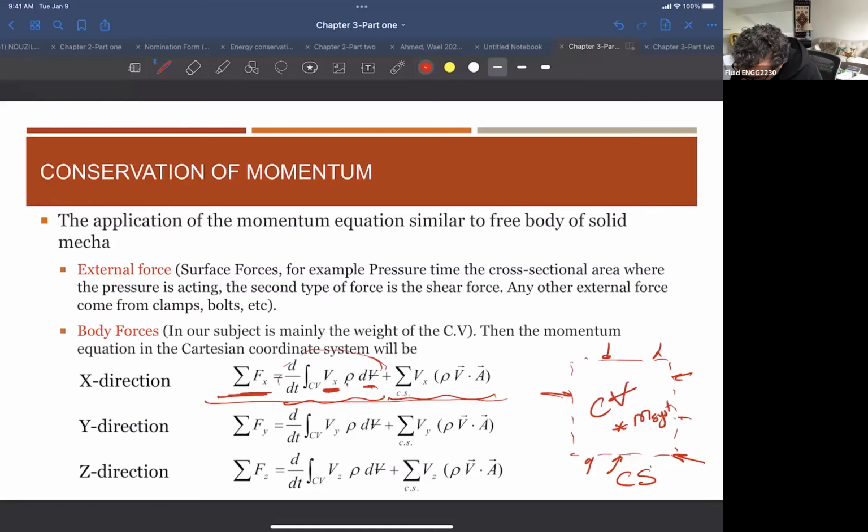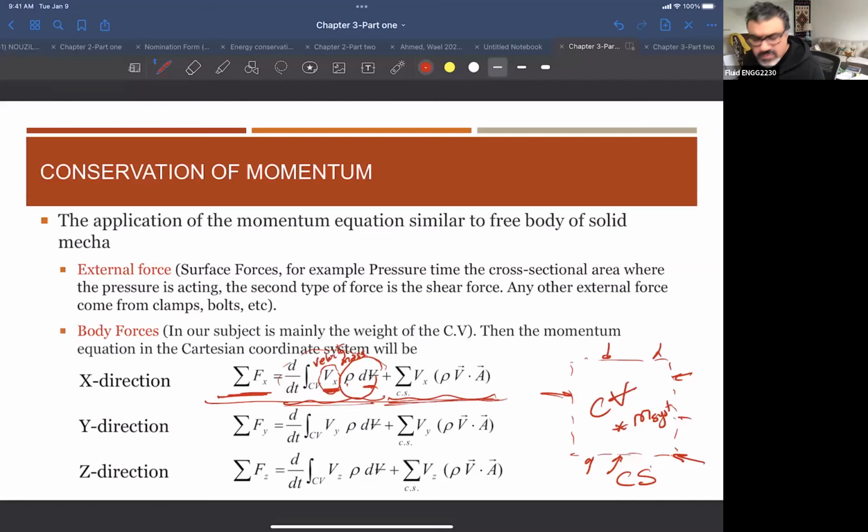So the first term here is mass, and this term here is velocity. So similar to what we did for the conservation of mass, but now we are doing the conservation of momentum. So instead of mass being rho V, where V is the volume, now it is also multiplied by the velocity. The velocity times the mass is basically the momentum, so the first term here will be the change of the momentum.